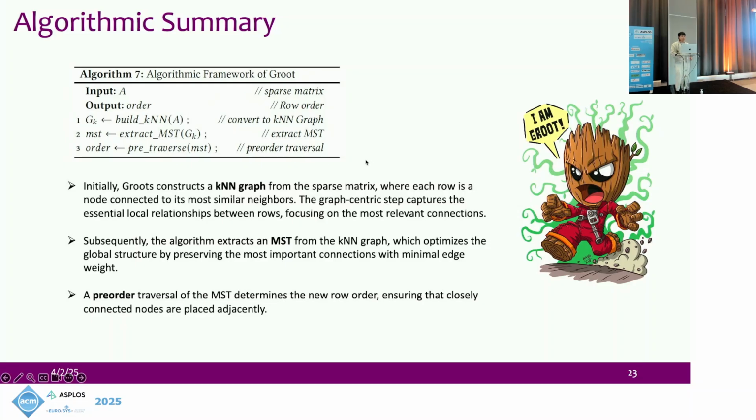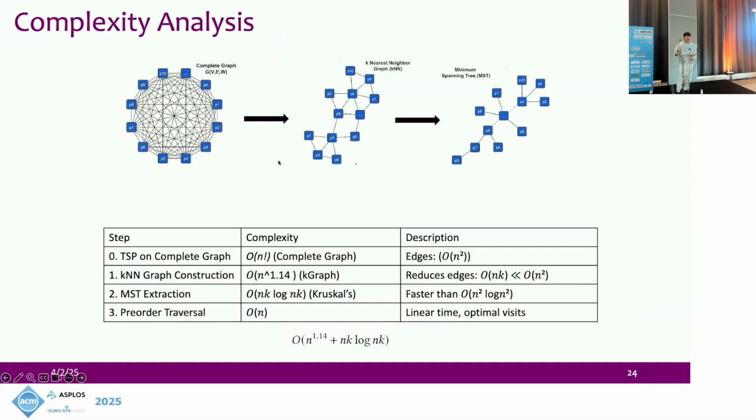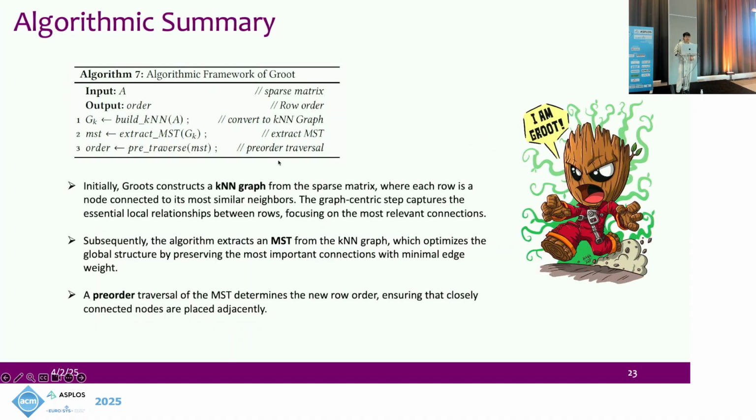So, to summarize the algorithm, Groot consists of three steps. First one is to construct KNN graphs, then it extracts the MST from the KNN graphs, and finally performs the pre-ordered DFS on the MST.